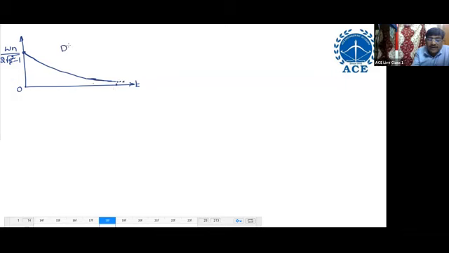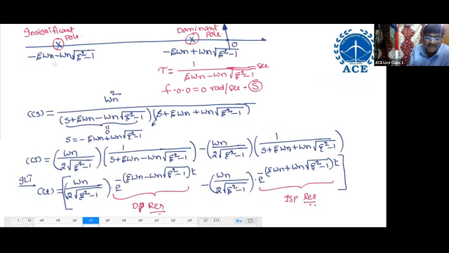So this is the dominant pole response, minus the insignificant pole response, omega n by 2 root of zeta square minus 1. The insignificant pole lies on the leftmost side, so its time constant is very, very small.